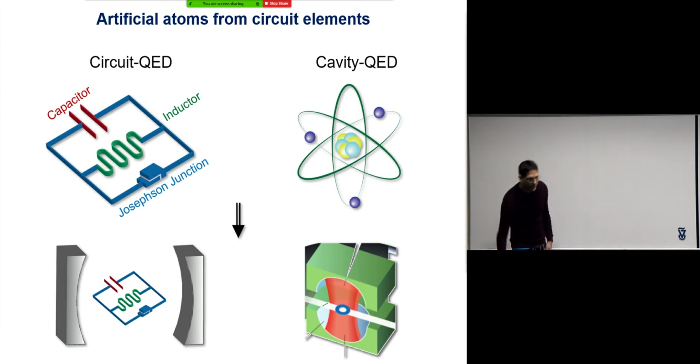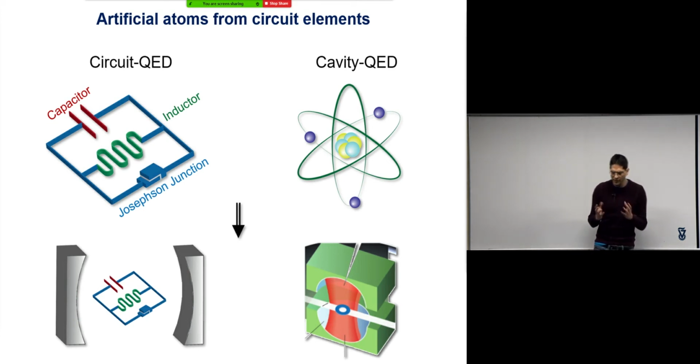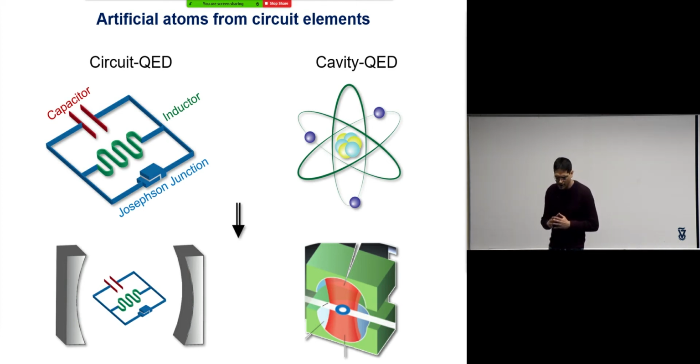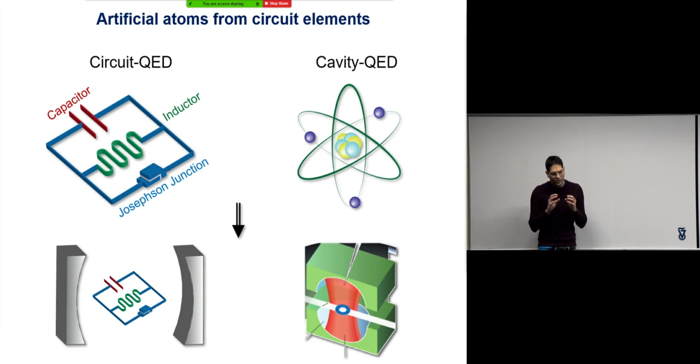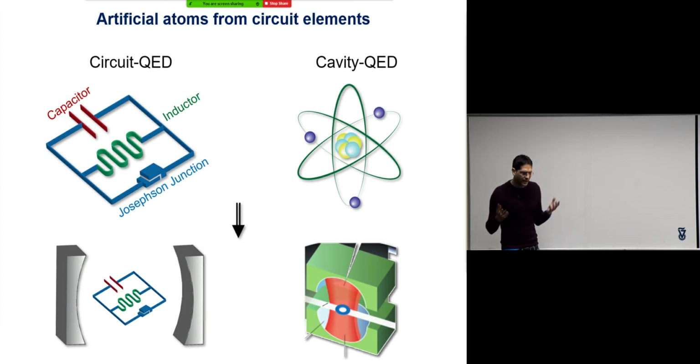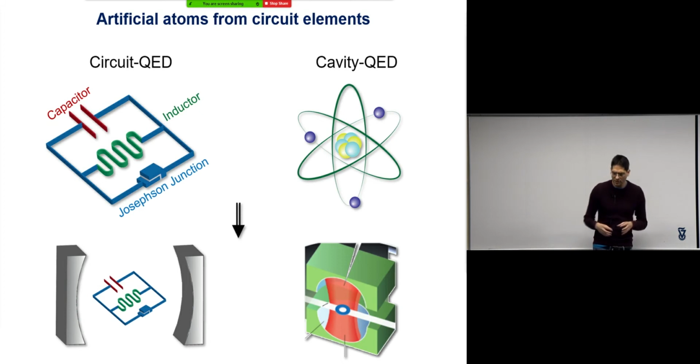In circuit QED, what is happening is that you're building these circuits. They're made out of superconductors. And you basically have these simple circuit elements, capacitors, inductors, and another element which we'll discuss, a Josephson junction.